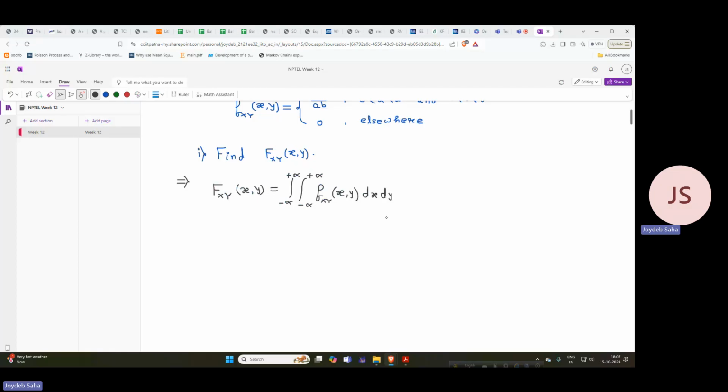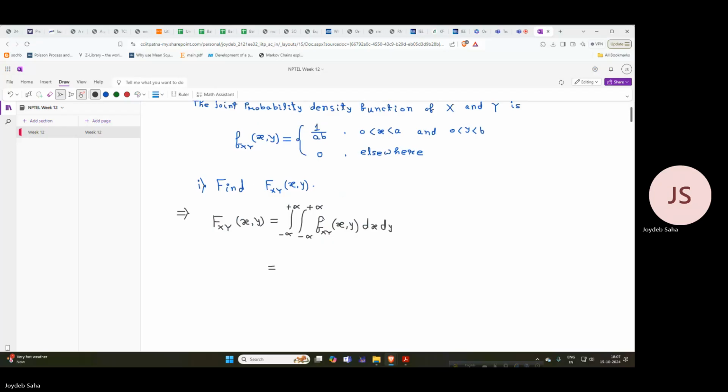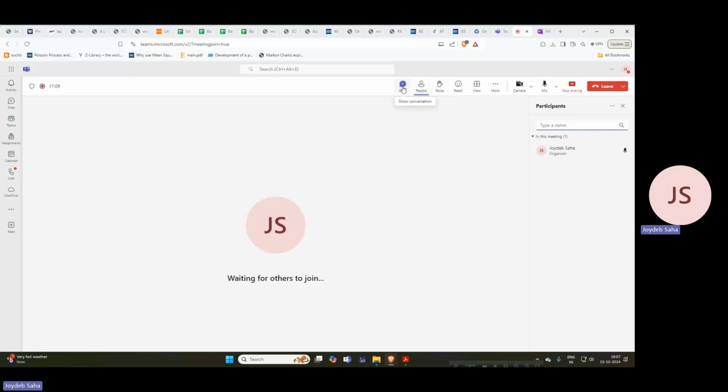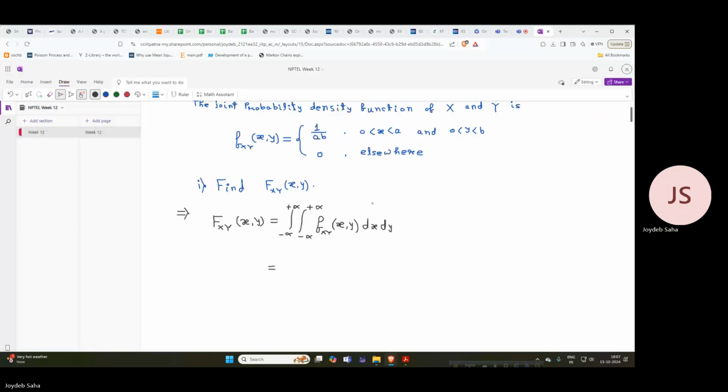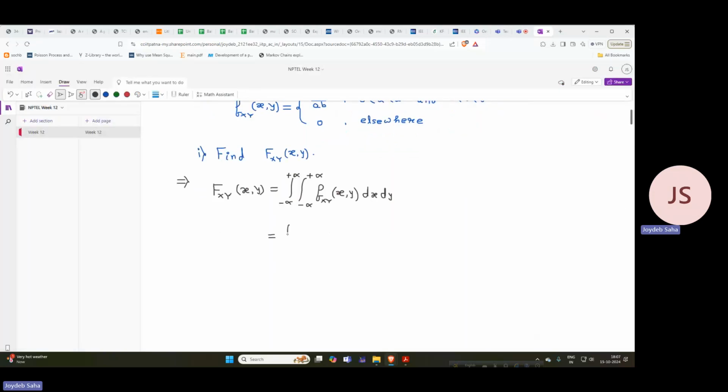The value of small f of xy we already have, so we can replace it. So what will be the limit of x?